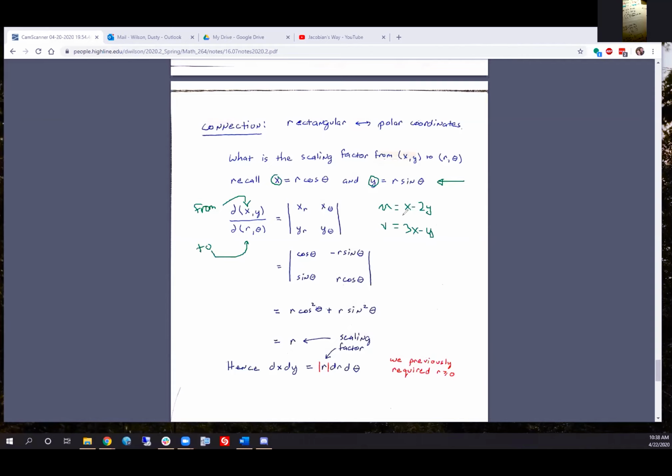And so notice these equations are solved for the new variables. Since they're solved for the new variables, we ended up having to do the reciprocal thing. But in this polar world, we are solved for the old variables, x and y. And since we're solved for the old variables, we didn't have to do that reciprocal thing.